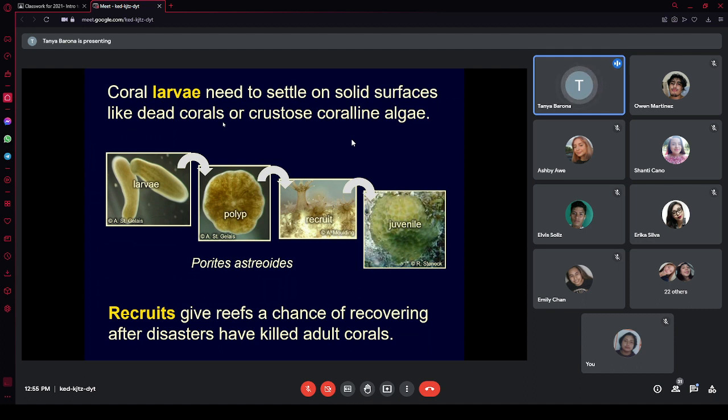It anchors onto the reef. Polyps start to generate, and this is what we call a recruit. This gives the reef a chance of recovering after disasters like hurricanes or mass disease events or bleaching that they're not able to recover from.